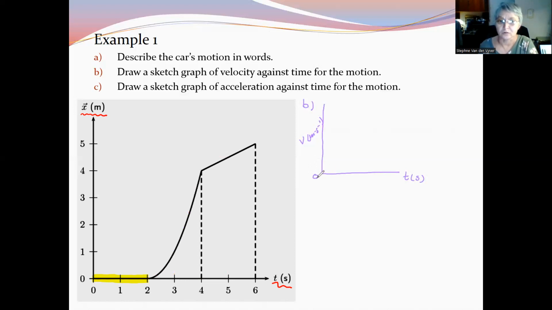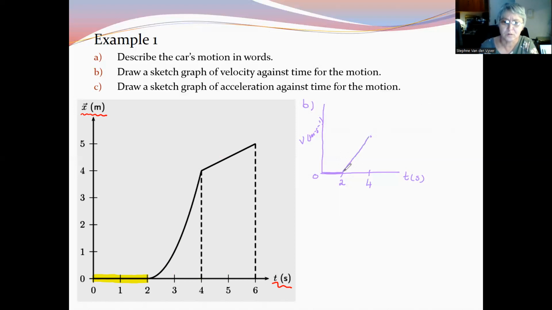These are sketch graphs, so you don't have to calibrate the axis properly. From 0 to 2 seconds, the velocity was 0 meters per second. From 2 seconds to 4 seconds, the velocity increased. I don't know by how much, but it increased.